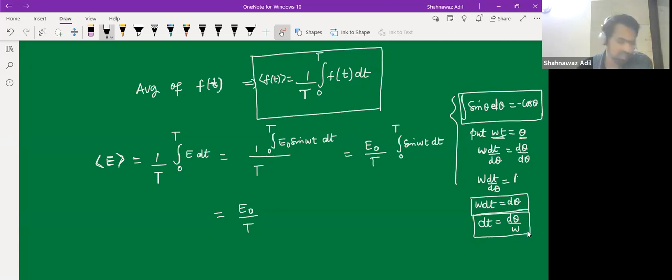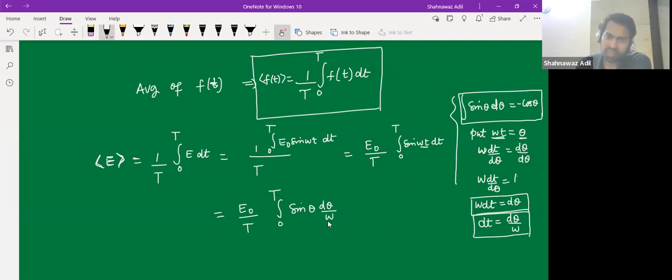So now what I did was that I have changed this integral. I have put omega t equal to theta, so this is sine theta, right? And dt is how much? This is d theta by omega.